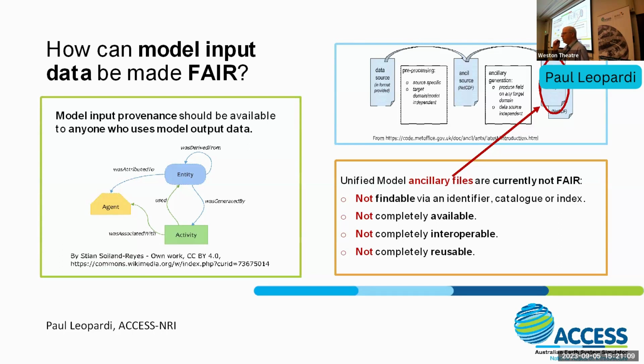So you have your input data, which is source data, but you also have these ancillary data files which are produced in the middle of the model, which aren't indexed, and nobody can find them unless you're actually in the project itself. So I have a poster, poster number 21 upstairs, so come have a look.